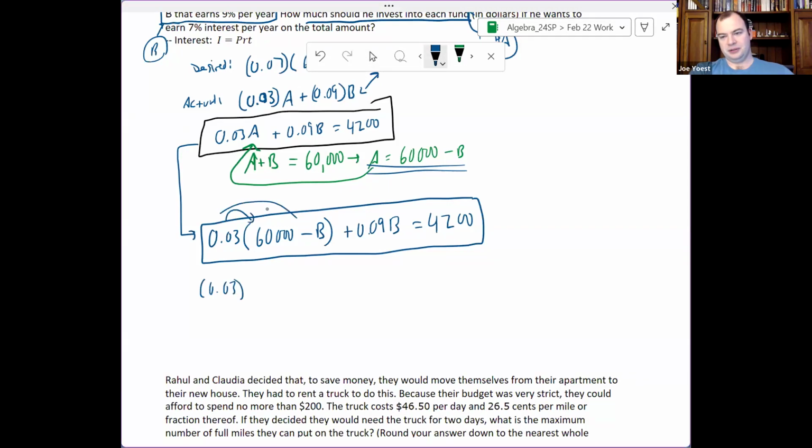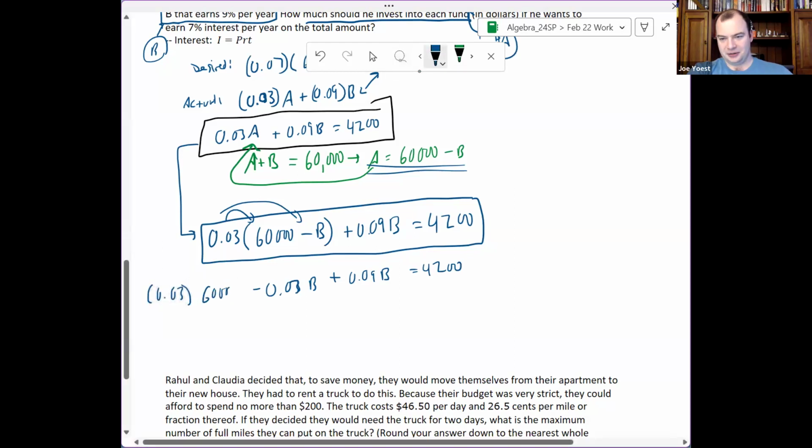But we'll distribute. Oh, I forgot an important, I forgot my 60,000 here. Got excited about distributing, and there we go. 0.03 times 60,000 minus 0.03 times B plus 0.09B equals 4,200.